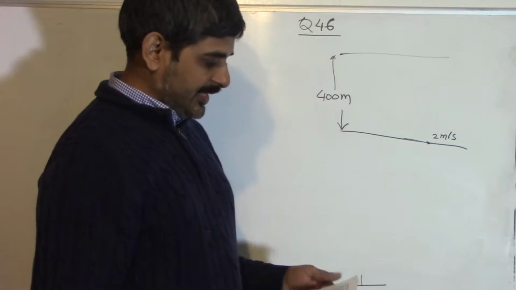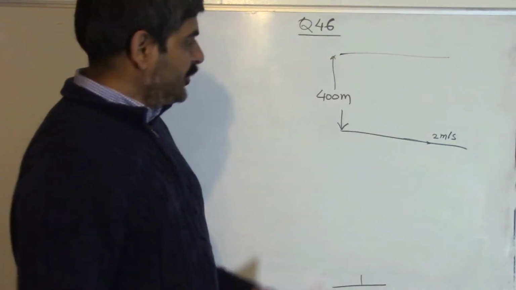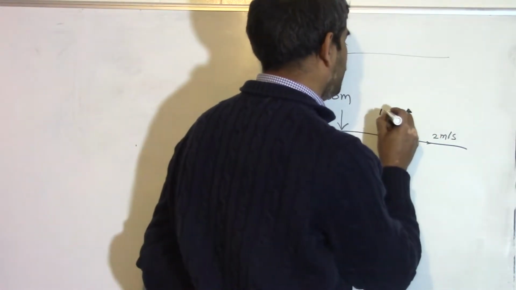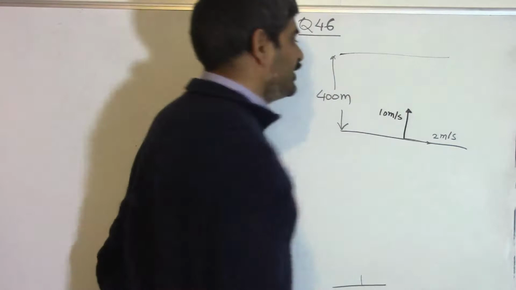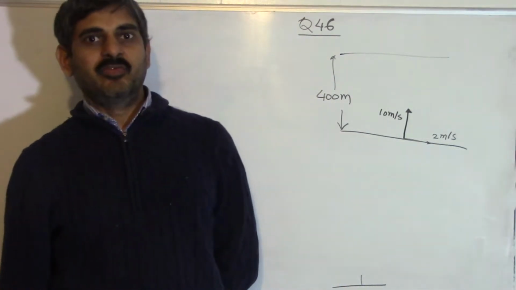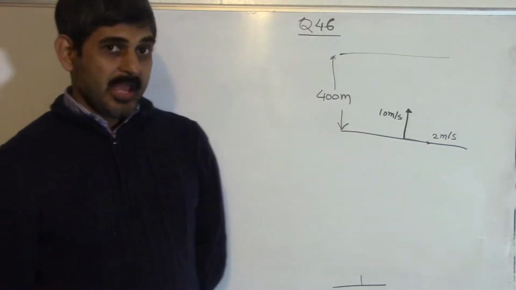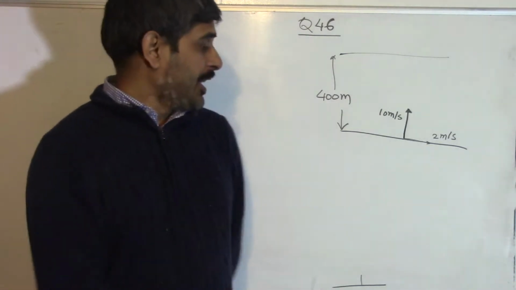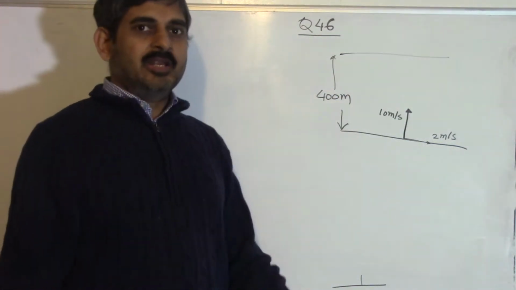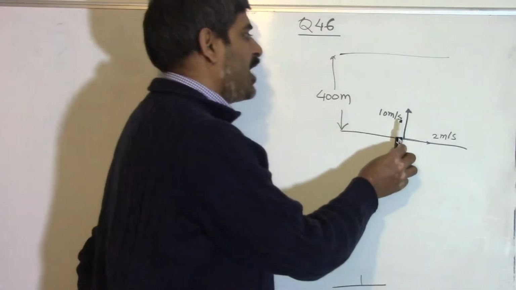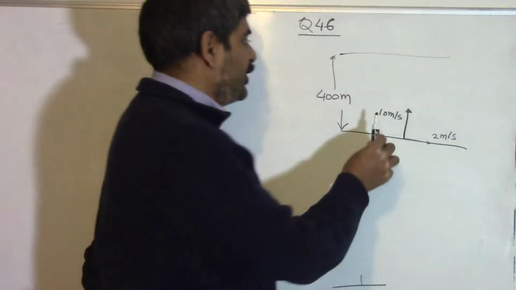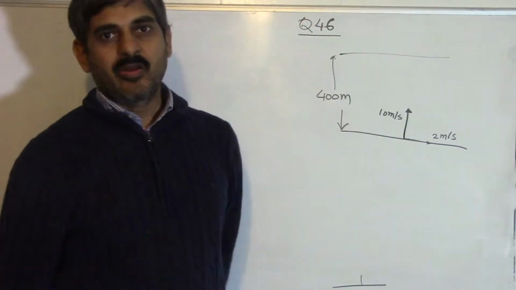and the boat is sailing with a velocity of 10 meter per second with respect to the water. So we are given this as 10 meter per second, and they say that this velocity is with respect to the river. And what does that term mean, with respect to river? It means that if let's say the river were still, completely silent, this man would have been sailing like this at the speed of 10 meter per second perpendicular to it.